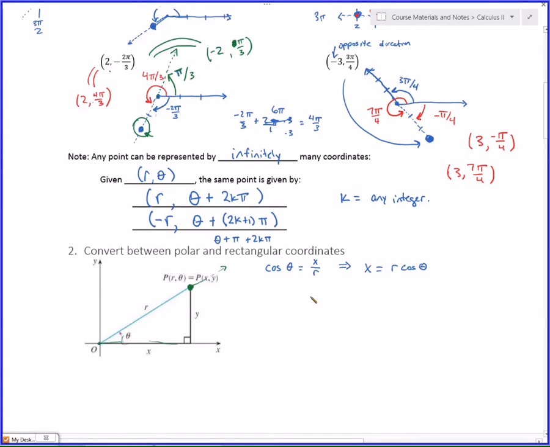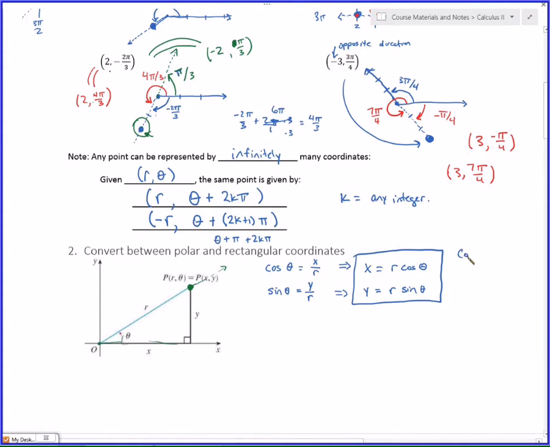Okay? How would we get an equation for y? If we did sine of theta, sine is opposite over hypotenuse. So y then equals r sine theta. So there's your most important relationship right there.